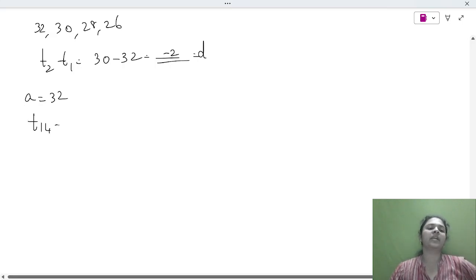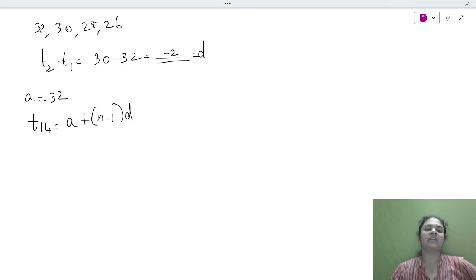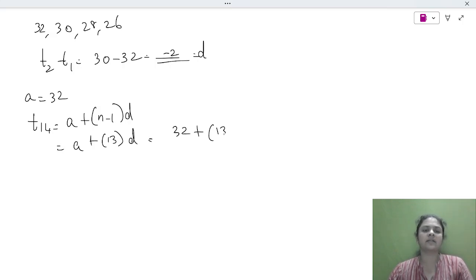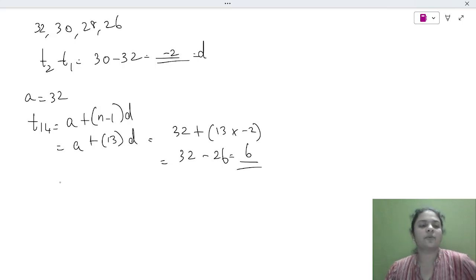So T14 is equal to A plus (n minus 1) into D, where n is 14. So A is 32 plus 13 into minus 2. So 32 plus 13 into minus 2, that is minus 26. Answer is 6. So the answer for T14 is equal to 6.